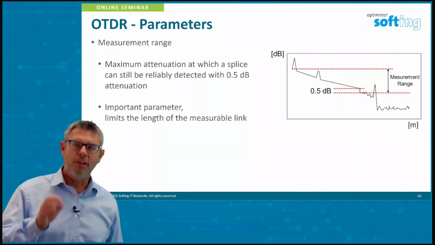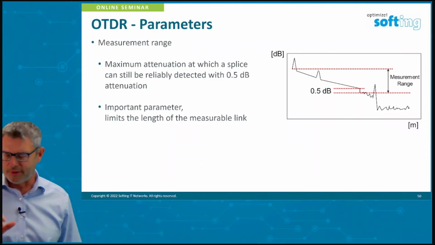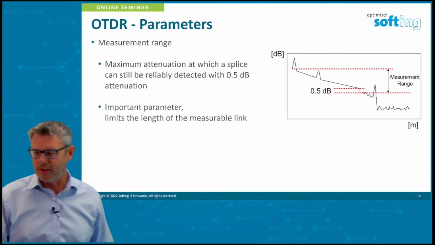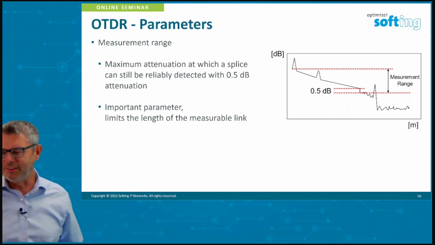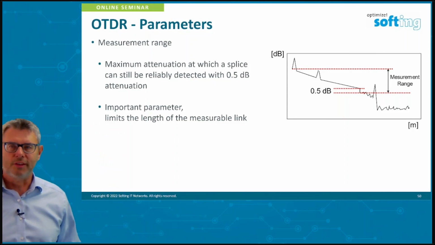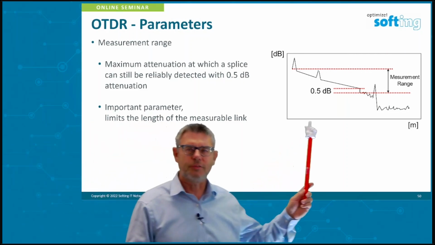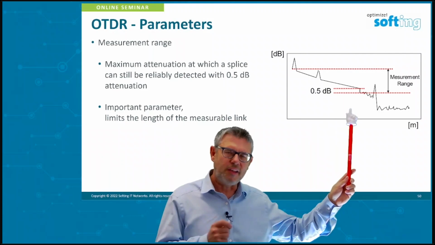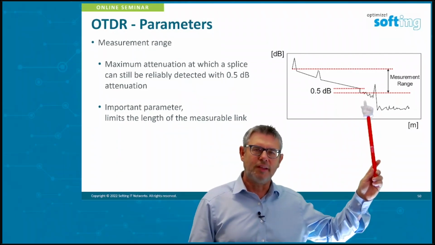There's also dynamic range and measurement range. What is a measurement range? It's the maximum attenuation at which a splice can be reliably detected with 0.5 dB of attenuation. So to make sure that an event with 0.5 dB of attenuation can be measured properly, that's the measurement range.